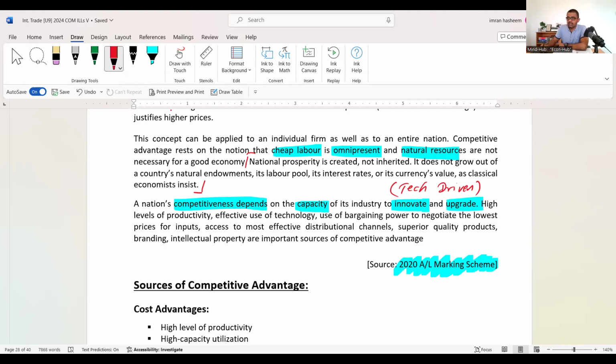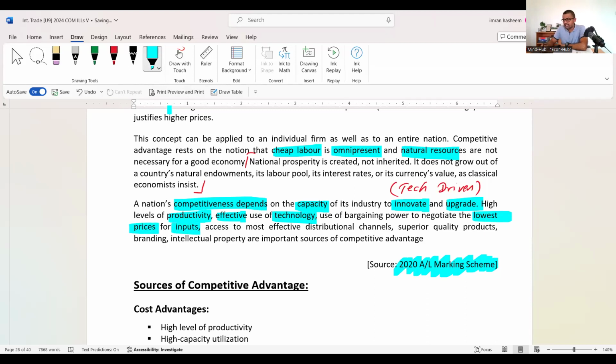High levels of productivity, effective use of technology, and the bargaining power they get with that to negotiate for the lowest prices, especially when it comes to inputs.